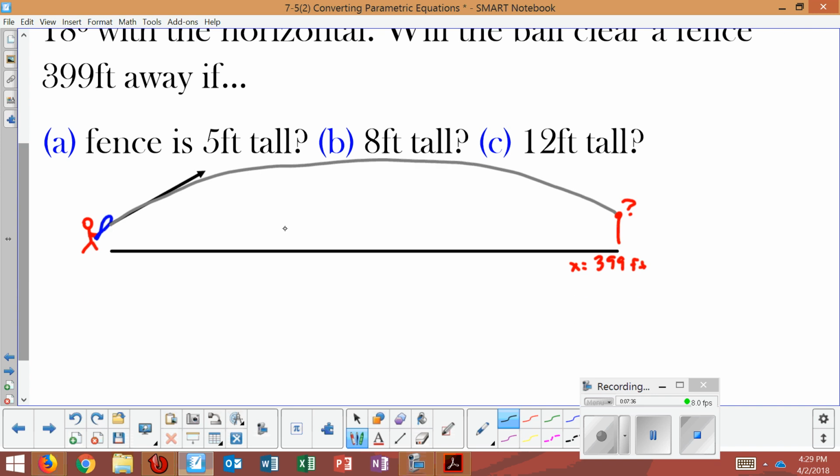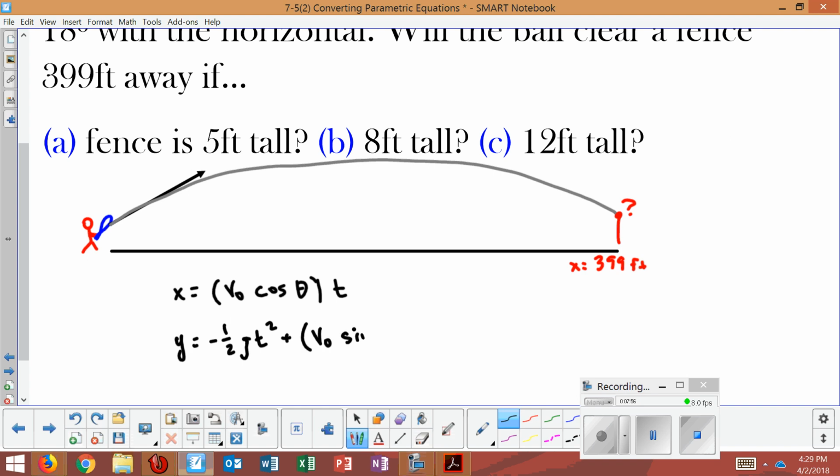If you remember, our two equations are x equals the initial velocity times cosine of some angle times time, with a parenthesis there. And then here you have y equals negative 1/2 gt squared plus almost the same expression as above with the t, and again, this is a parenthesis.